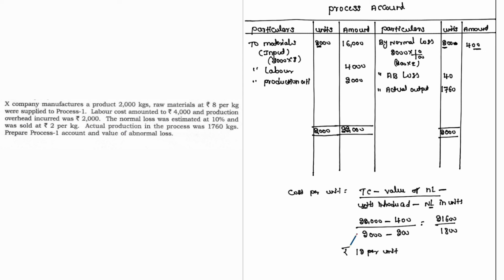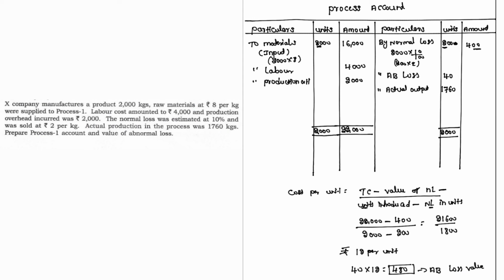Rupees 12 per unit. So abnormal loss is 40 units. Each unit is 12. So we will get amount for 480 rupees. This will be your abnormal loss value.